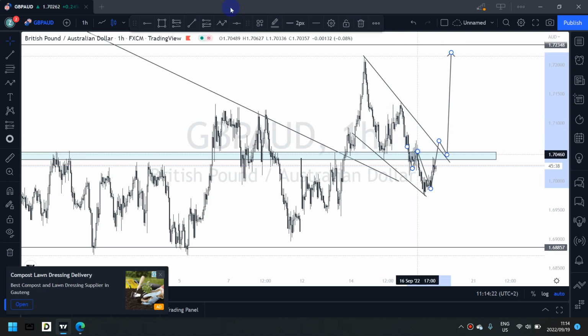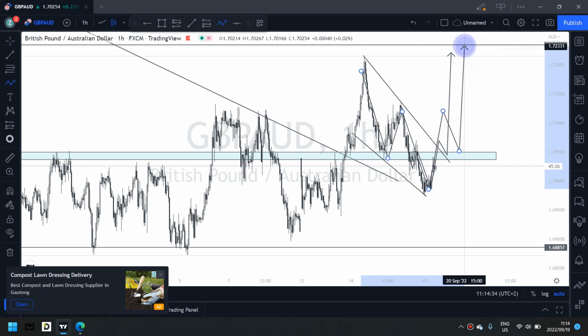Oh, there's also this large formation of the inverse head and shoulders. Those are the confirmations that I have for a buy position or a buy entry.